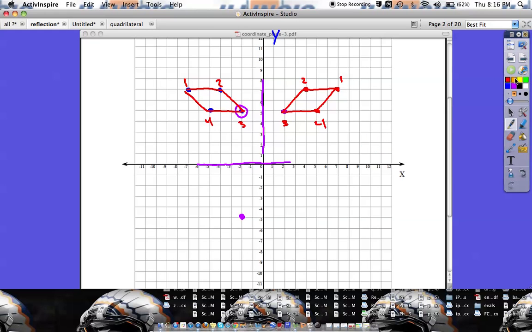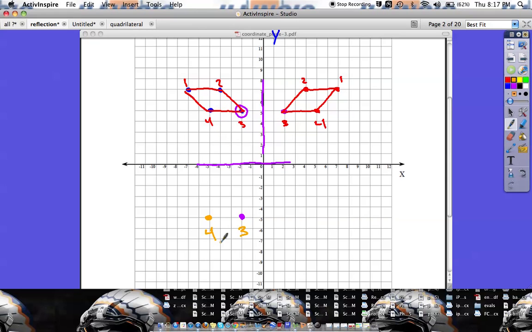Now I can do the same thing if I do it over the x-axis. I already did this point. That was number 3. Point 4 is going to be the same distance, 1, 2, 3, 4, 5. So I'd go 1, 2, 3, 4, 5 right here. That's my point 4. Point 2 is going to be 1, 2, 3, 4, 5, 6, 7.